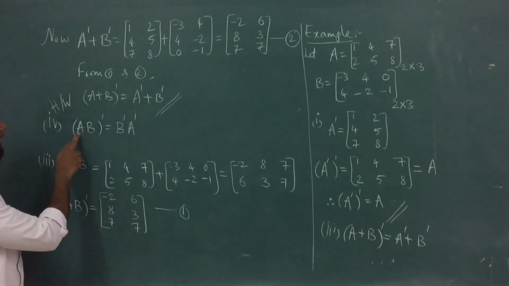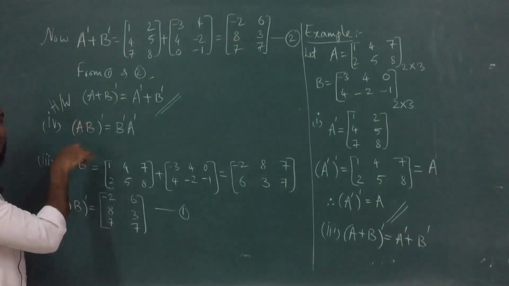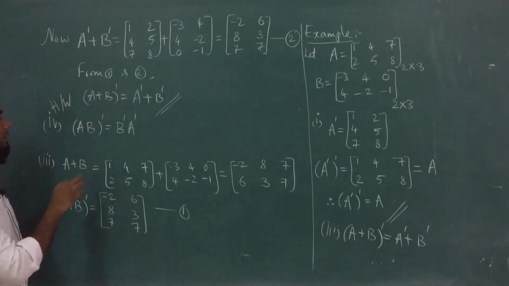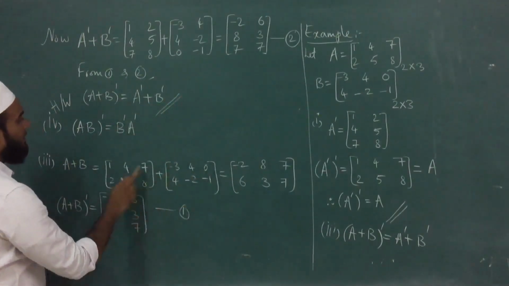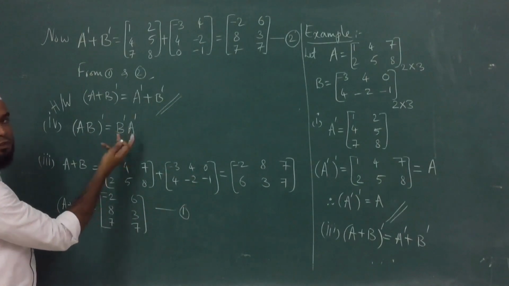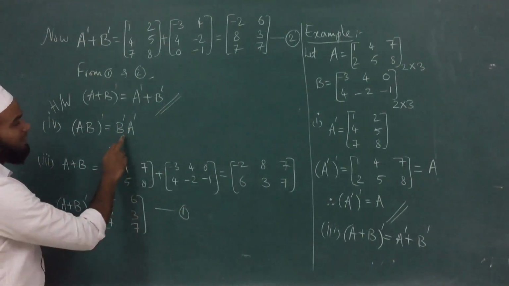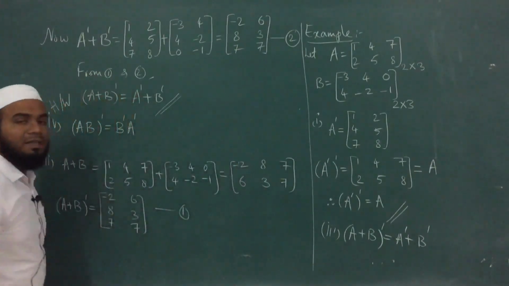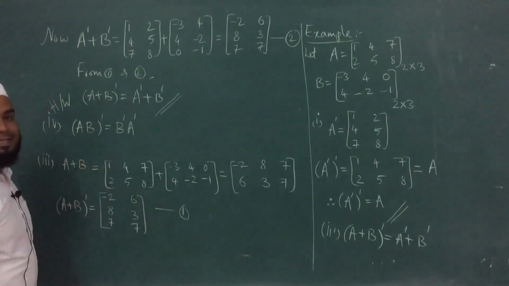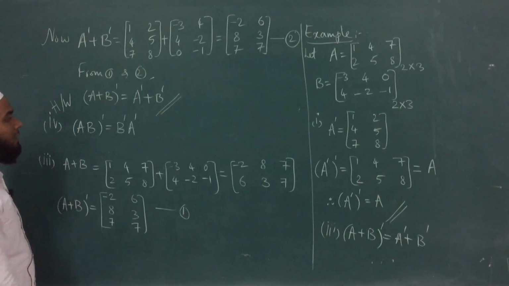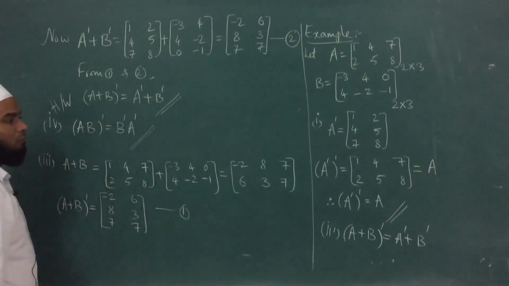We should be able to find the product AB. Then you consider the transpose of that. You consider that as 1. Then find B transpose, A transpose, the product of B transpose into A transpose. Then you consider that as 2. Then verify whether 1 and 2 you are getting the same thing or not. Take this problem as homework.